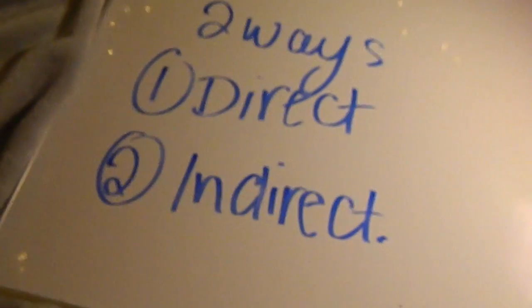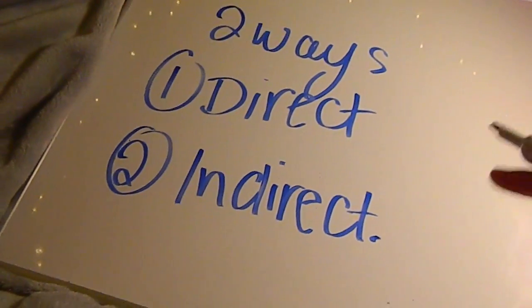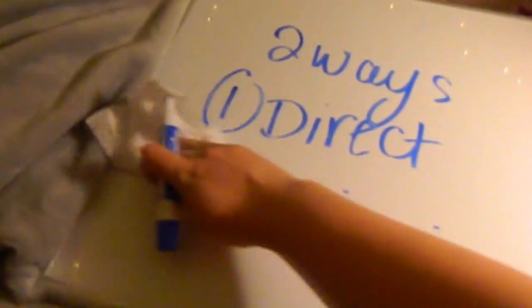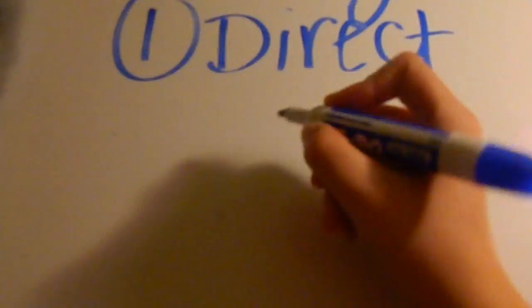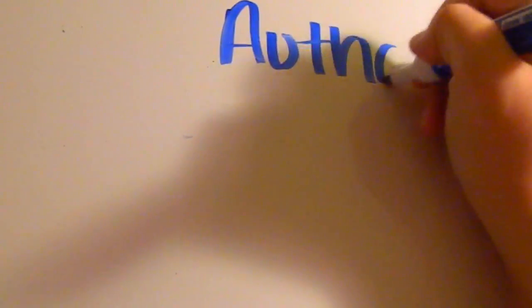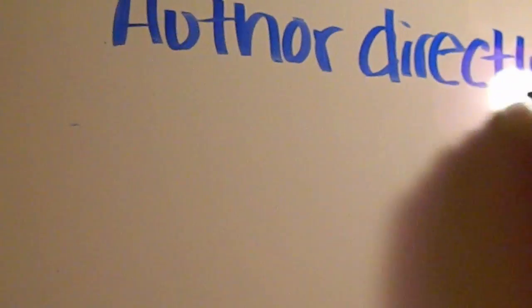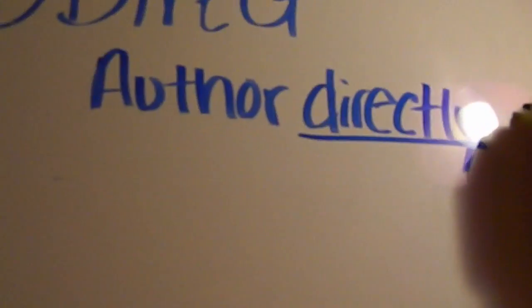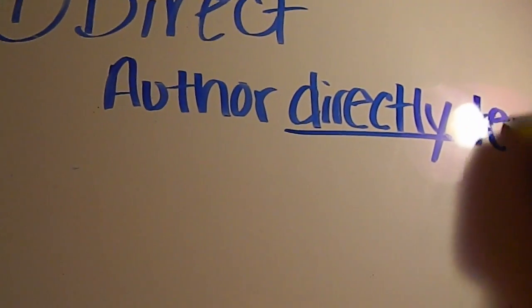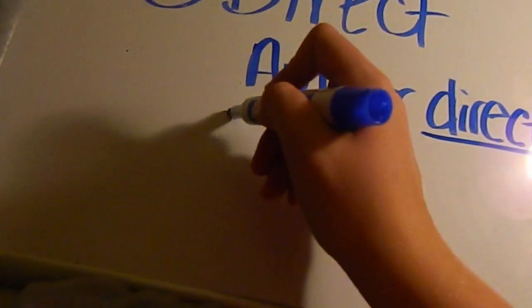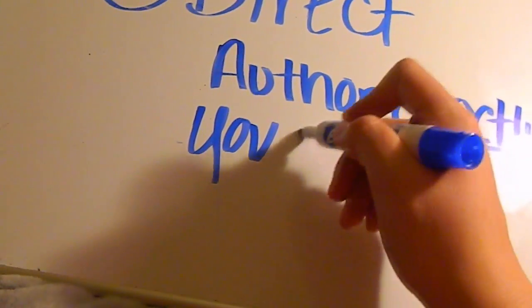Now let's dig into them both one-on-one. Direct characterization is when the author directly tells you a trait.